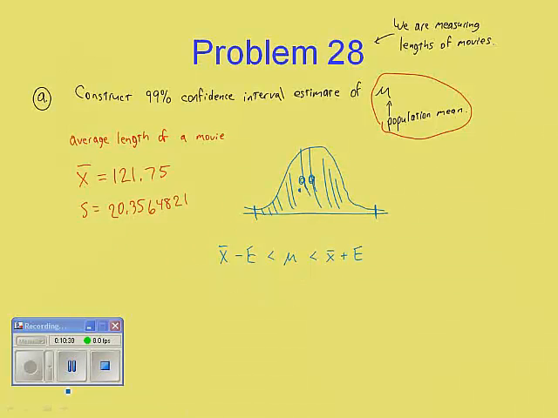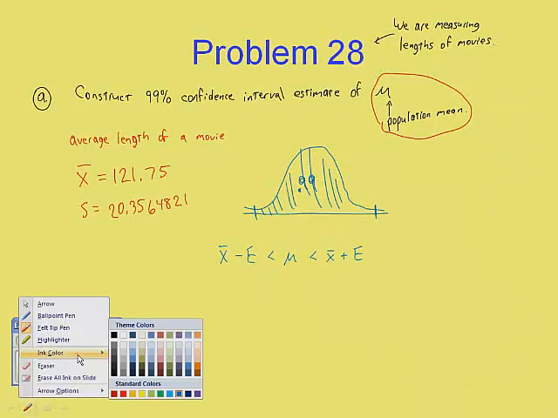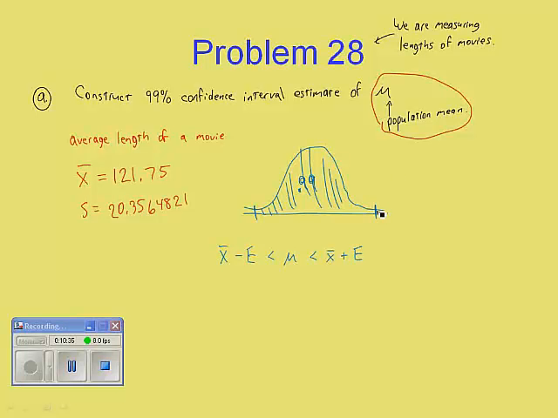Okay, so now let's see what I'm doing. This is a tail, and this is a tail. How much area is in these 2 tails?